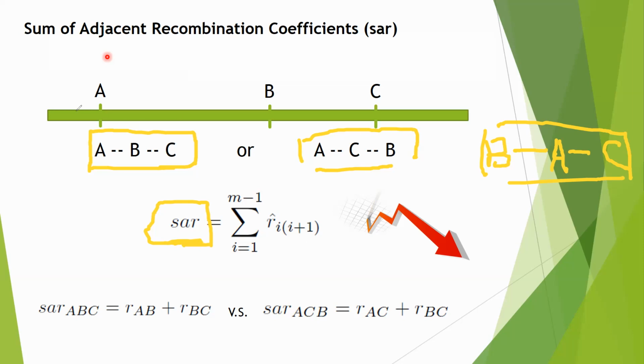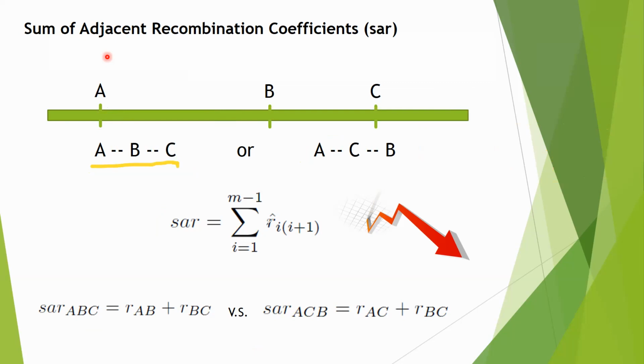In this case, if the real order is ABC, then we are going to see that SAR ABC is less than SAR ACB. This is important. Sometimes I give a question like this in the final exam, and I will ask you to show me that if the right order is ABC, how do you demonstrate that SAR ABC is less than SAR ACB? So yeah, this is important.